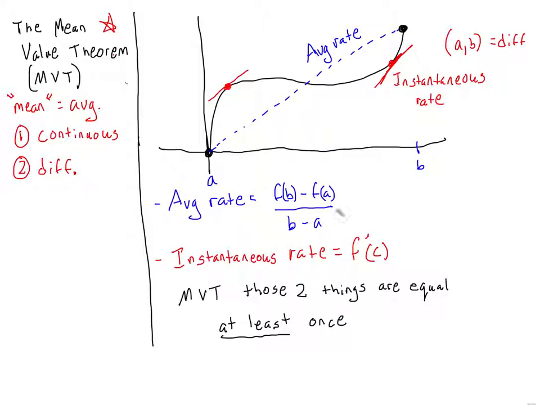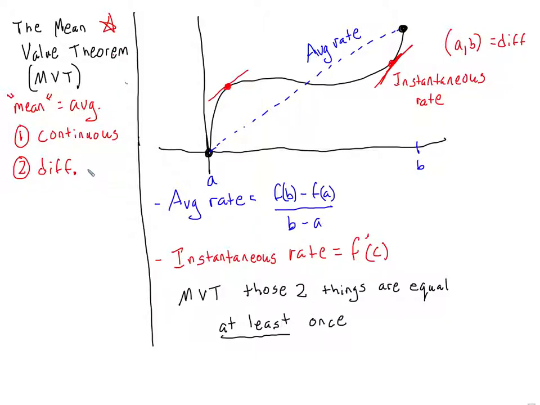So yes, this is the most important thing. It's really hard to get our heads around this, but there's at least one point between this interval A and B, not including A and B, where the average rate is equal to the instantaneous rate. And that's only if the function is differentiable and continuous.